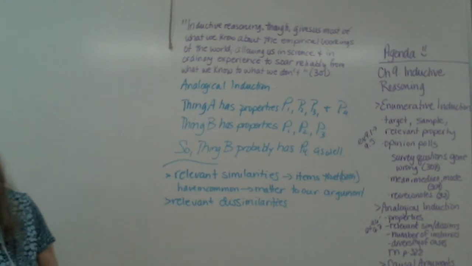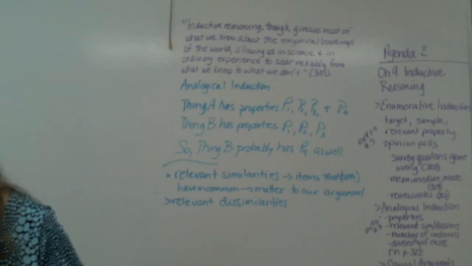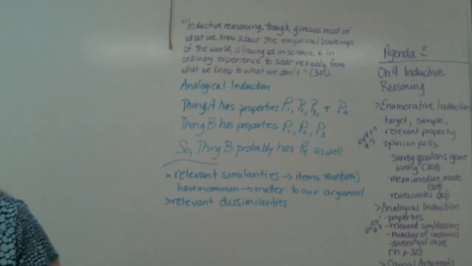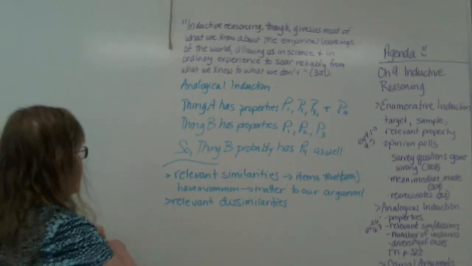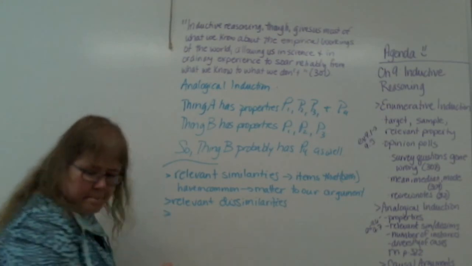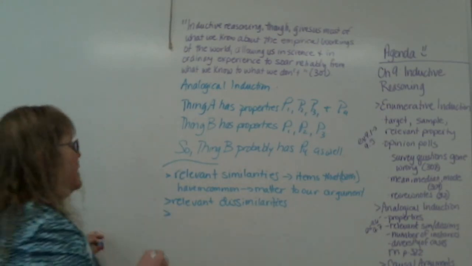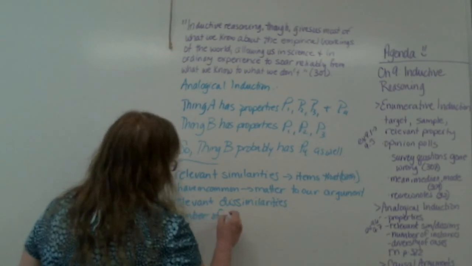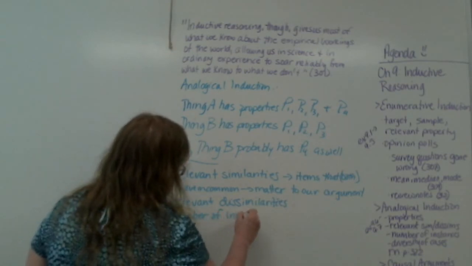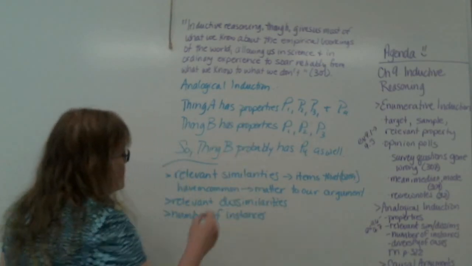Now, the next piece that will help us is the number of instances or cases that show these relevant similarities, the stronger the agreement. Sorry, I lost it. Number of instances. Right now I only have 2, and I'm comparing them to each other.